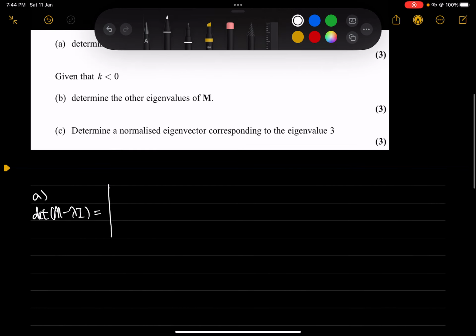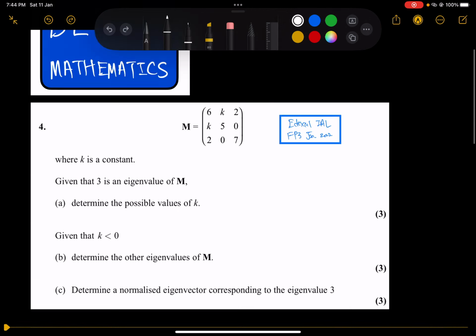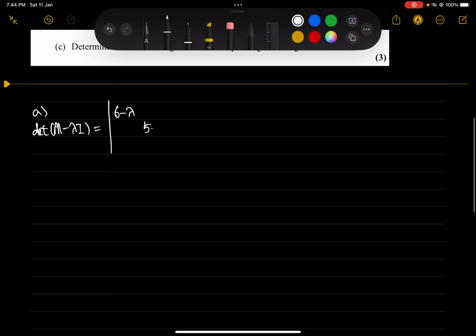I'm sure anyone with a brain would know how to find that determinant, so I'm going to skim through this very quickly. That should be okay.